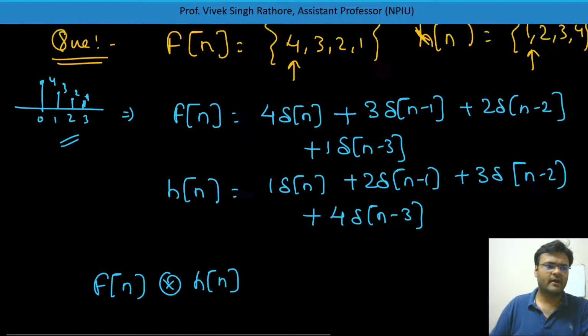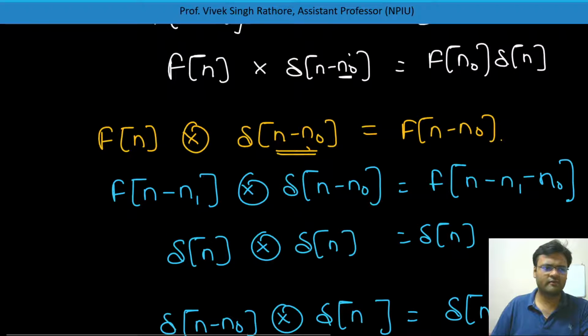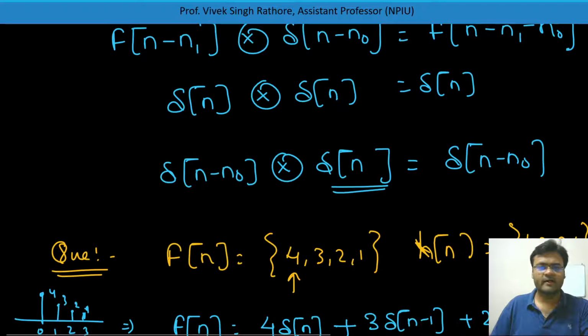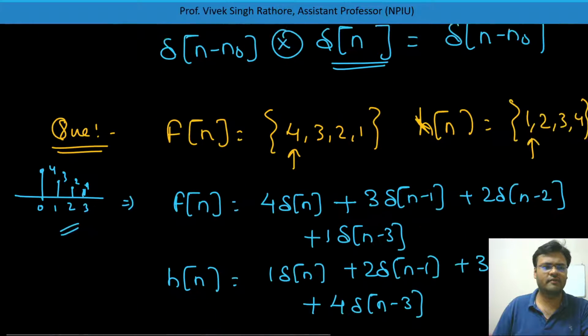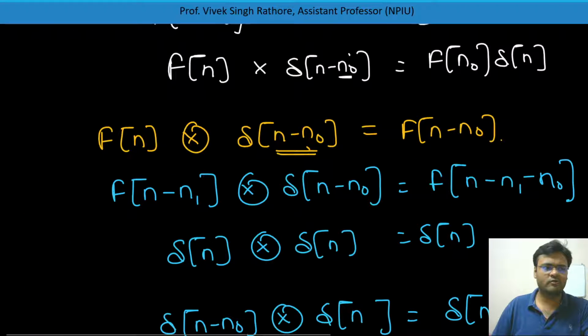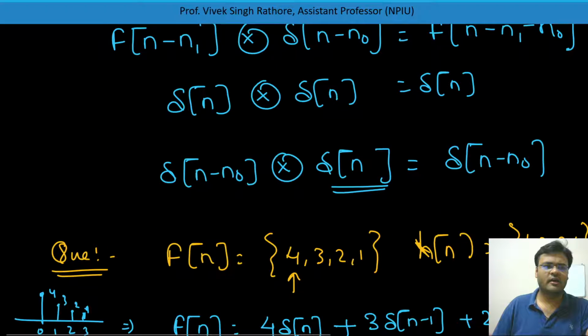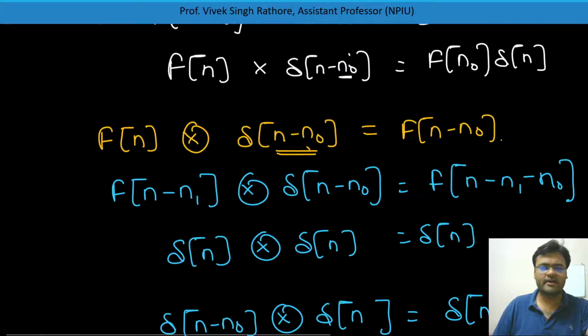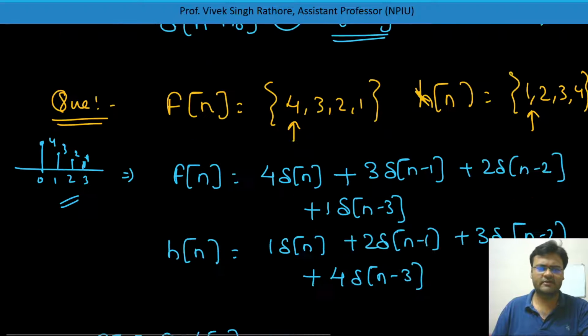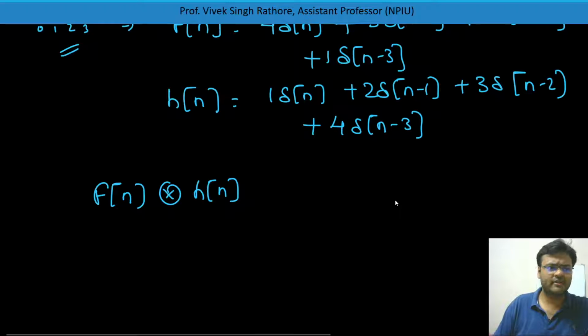I told you, if delta n and delta n are convolved, you get delta n only. If you convolve delta n minus n naught with delta n, you get delta n minus n naught. And f n minus n1 convolved with delta n minus n naught gives f n minus n1 minus n naught. The same method we can apply here.